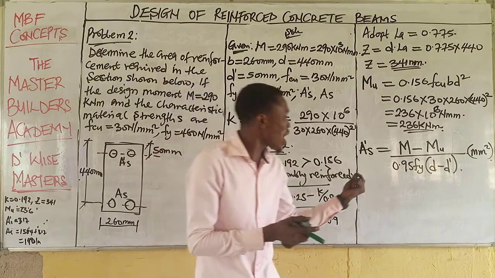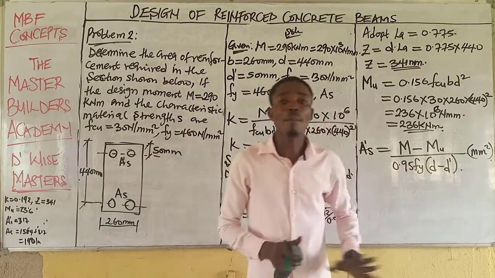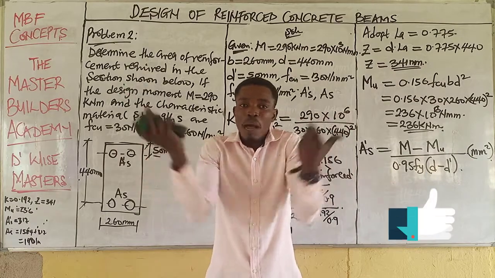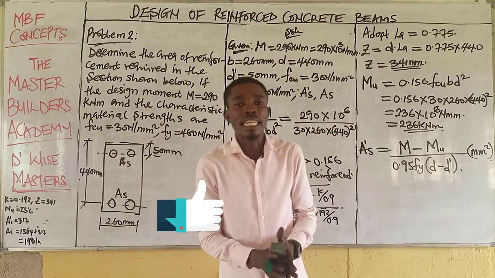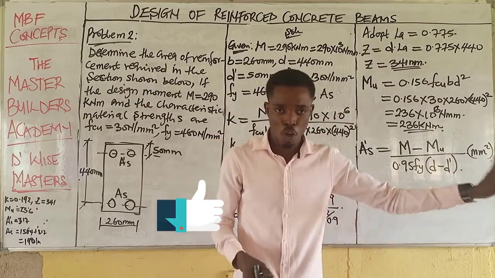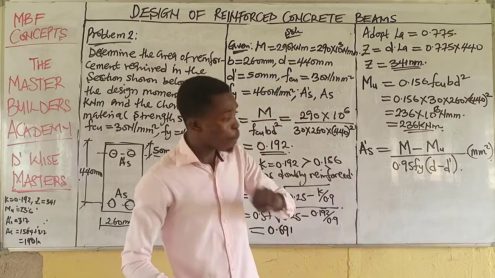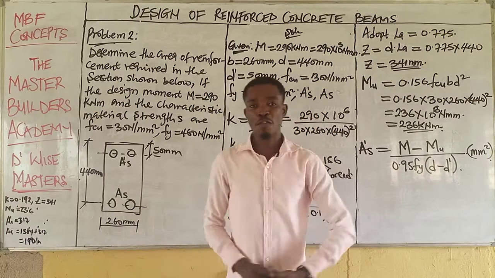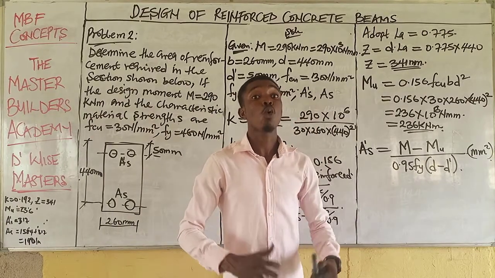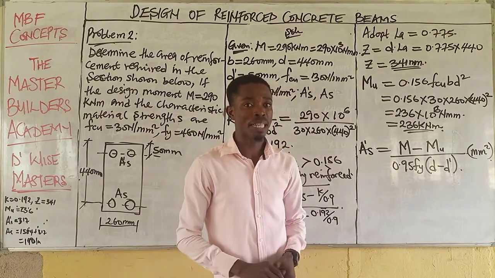So what you use to obtain the top reinforcement is the extra moment between the ultimate moment of resistance of the concrete and the applied moment. The difference between them is what you use to provide reinforcement for the top, to attain equilibrium or stability.